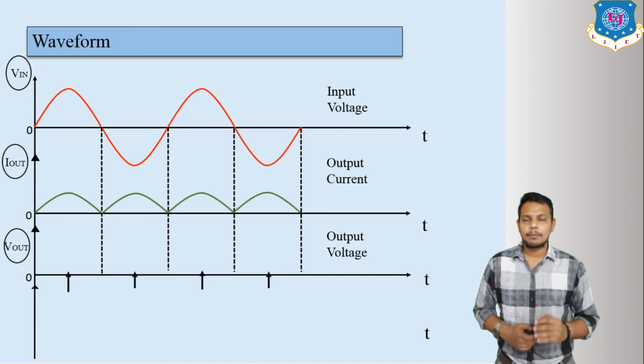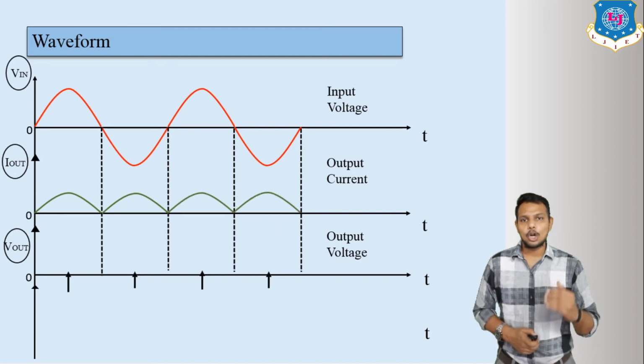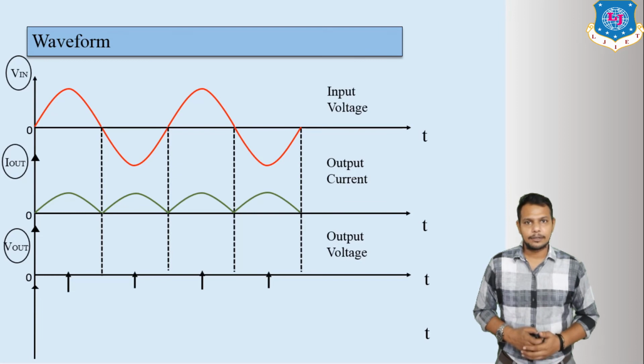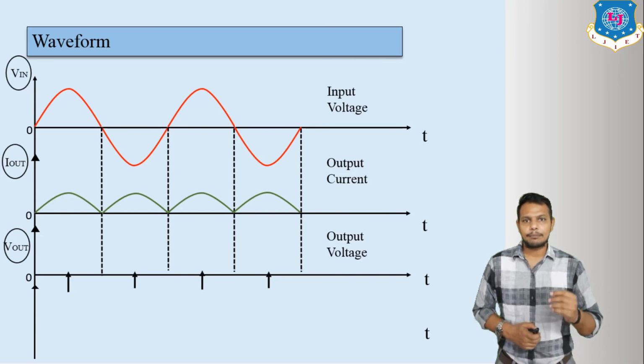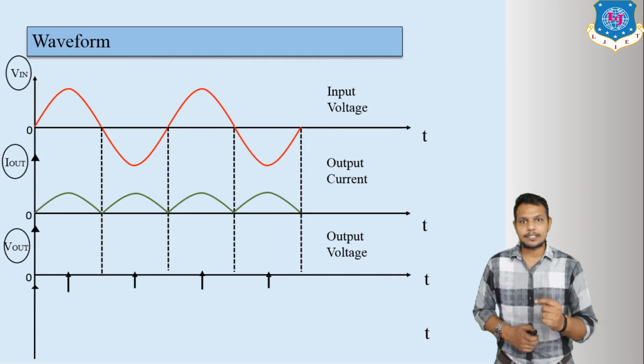Here we can see its amplitude is lower than the voltage. Why? Because I is equal to V by R. Here I is equal to Vm divided by Rs plus twice Rf plus RL. Here Rs means reverse resistance, and Rf means forward resistance.